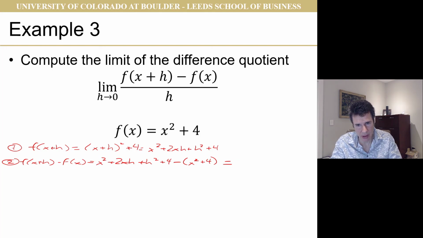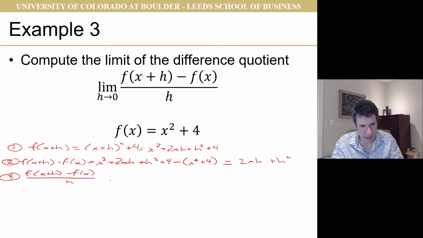And so we end up with, so the x squared cancel, the 4's cancel, we end up with 2xh plus h squared. Okay, step 3, f of x plus h minus f of x divided by h is 2xh plus h squared divided by h, which is 2x plus h.